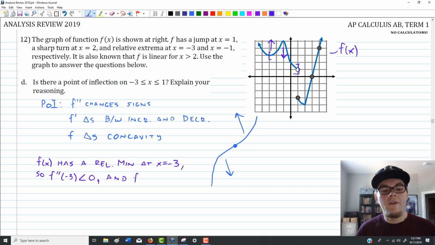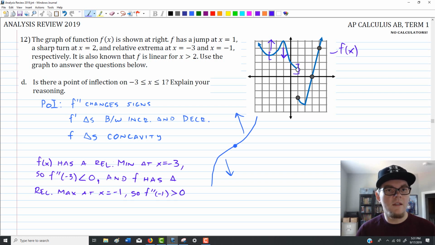And second, f has a relative max, and we said it was at x equals negative 1, right? Yeah, x equals negative 1. So f double prime of negative 1 is positive. Or sorry, did I flip those? I think I did. I flipped the signs. I apologize. So basically for the first one we're concave up, so f double prime of negative 3 is positive, and the second one is negative.